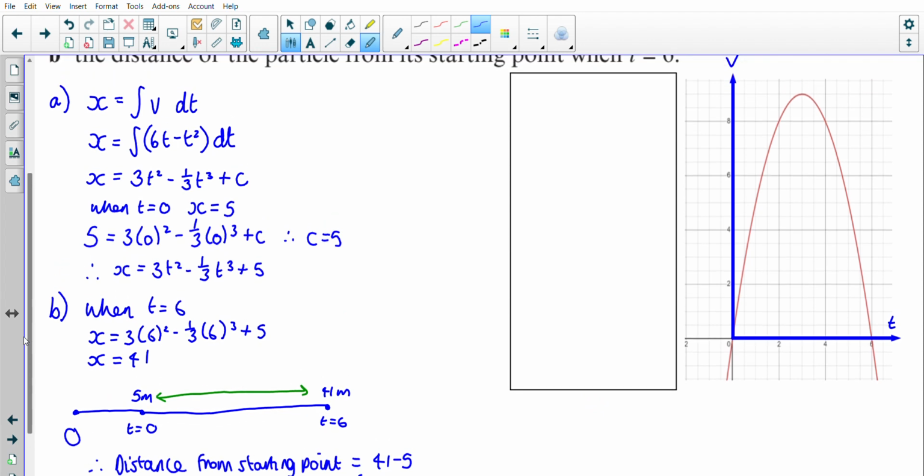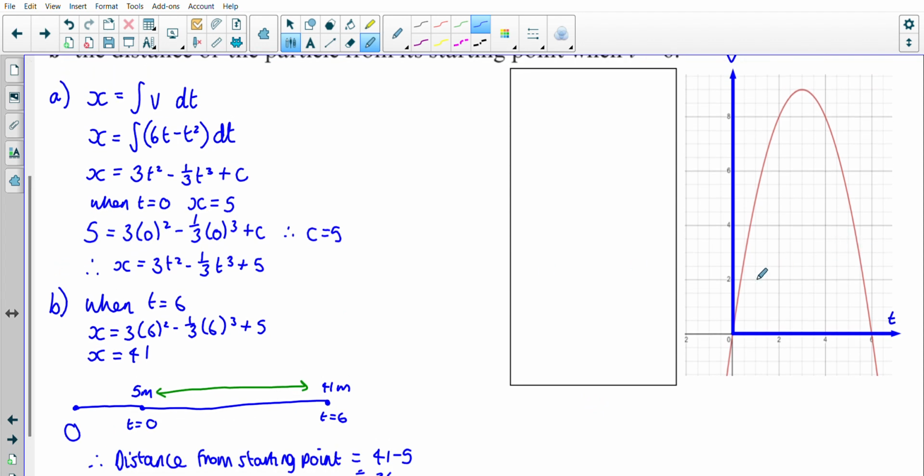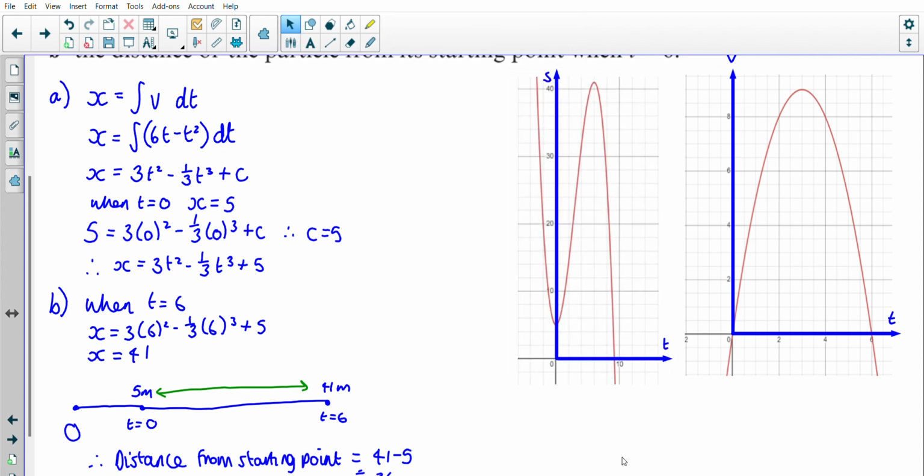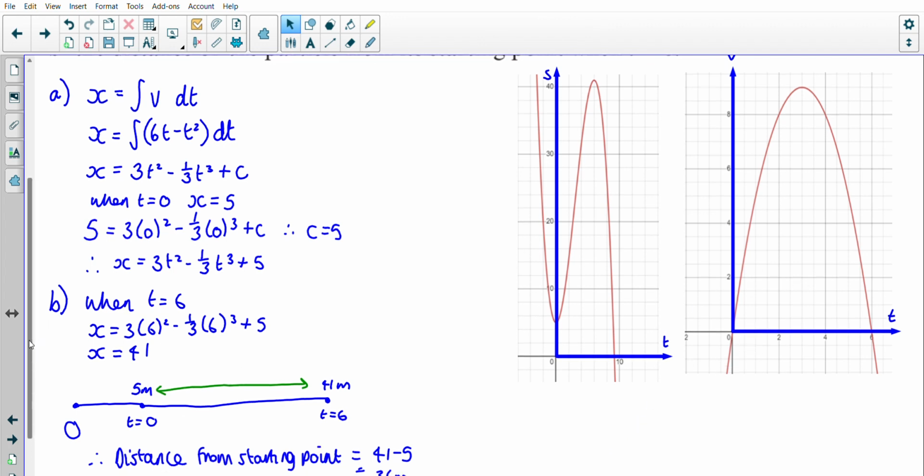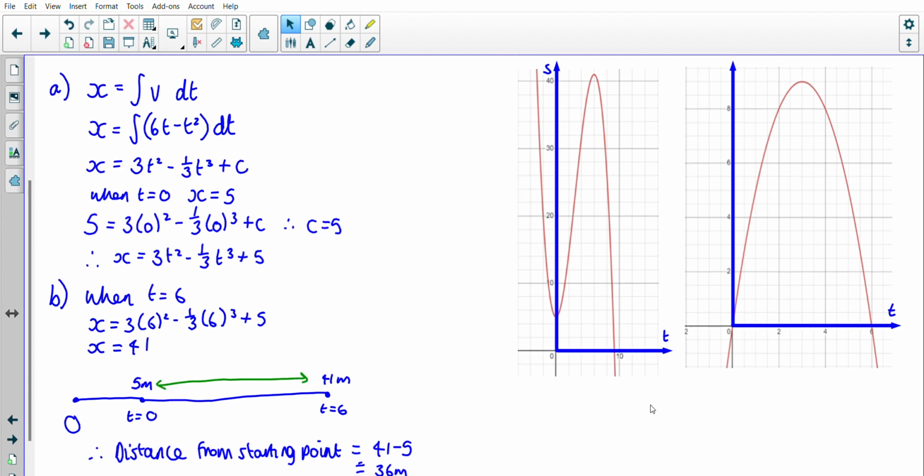So the velocity time graph wasn't really needed in this question. I did go ahead and draw the displacement time graph just to show you what we got. Remember, we are integrating now, so we've gone from a quadratic to a cubic, and if it's talking about the distance travelled, well, we could have looked at where t is 0.